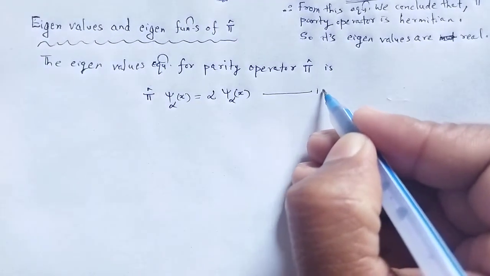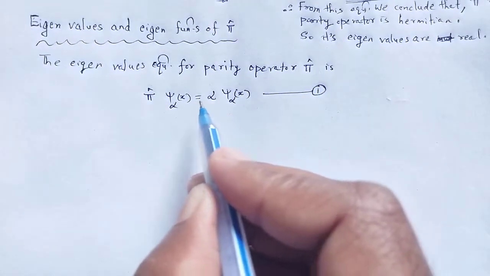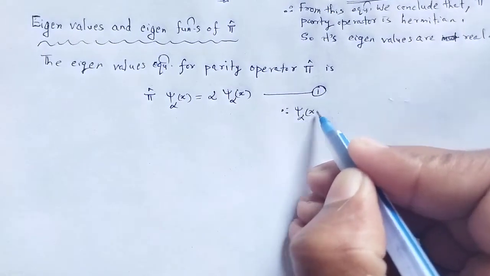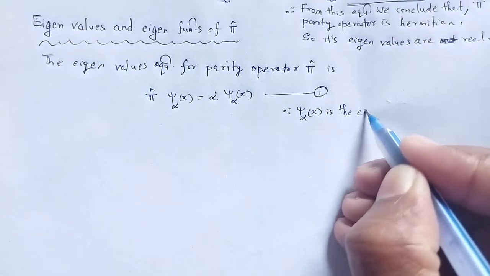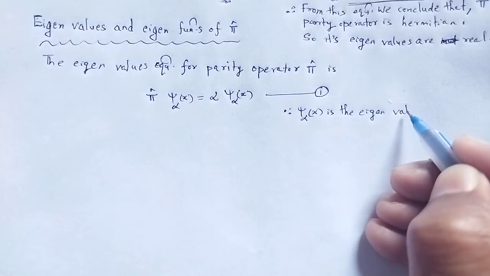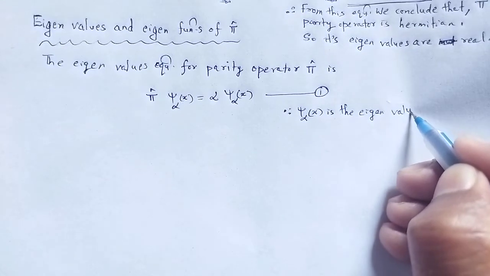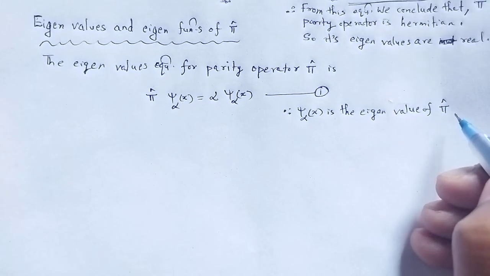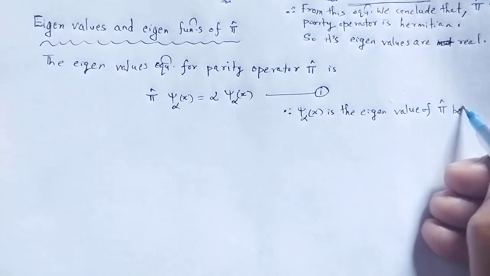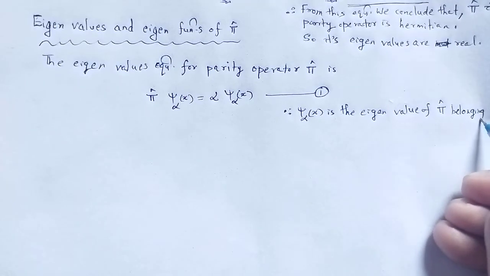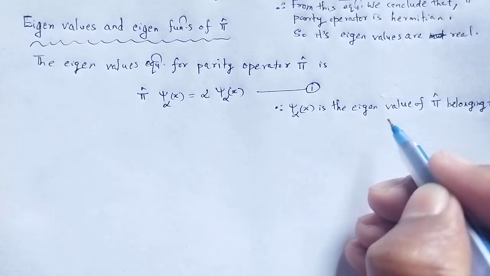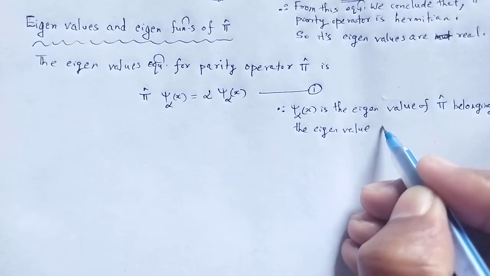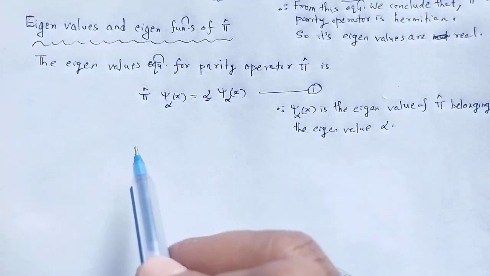That is equation number 1, where psi alpha x is the eigenfunction of pi cap belonging to the eigenvalue alpha, its eigenvalue is alpha.